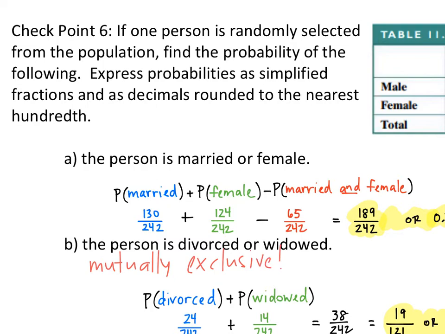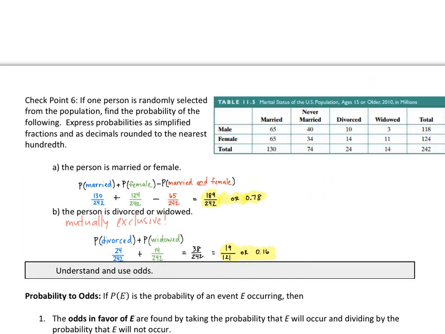One way I can see that is I don't have a row where I have someone that is divorced and also widowed. The divorced is a column and the widowed is a column. There's no overlap there. So I can say these are mutually exclusive. So if they're mutually exclusive, we're going to take the probability of being divorced, add that to the probability of being widowed, and we're going to get our answer.